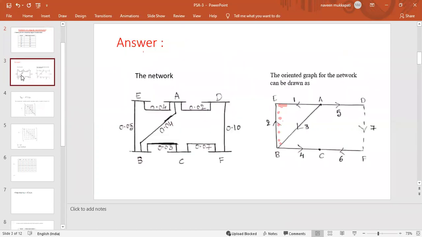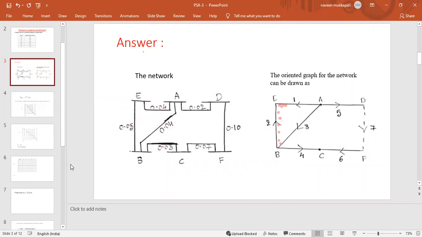That will be observed in the oriented graph or the network. A, B, C, D, E, F are the nodes. In that graph, E is the reference node.